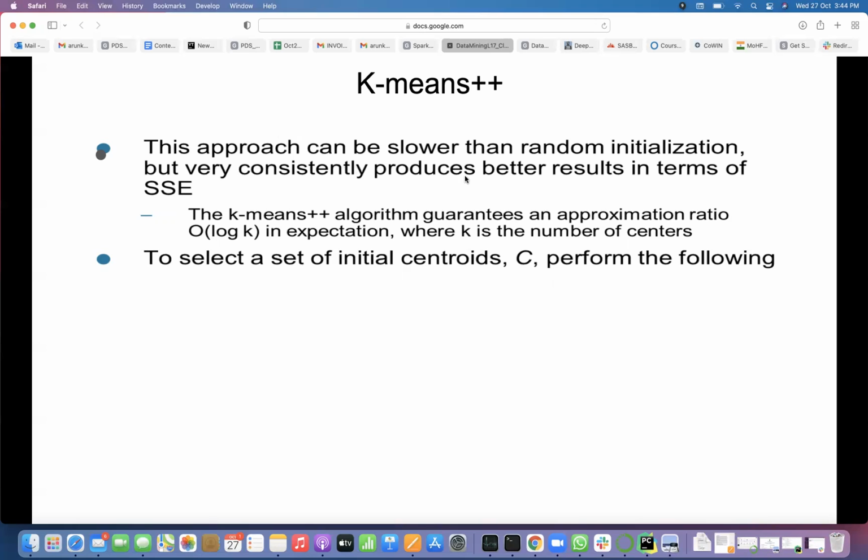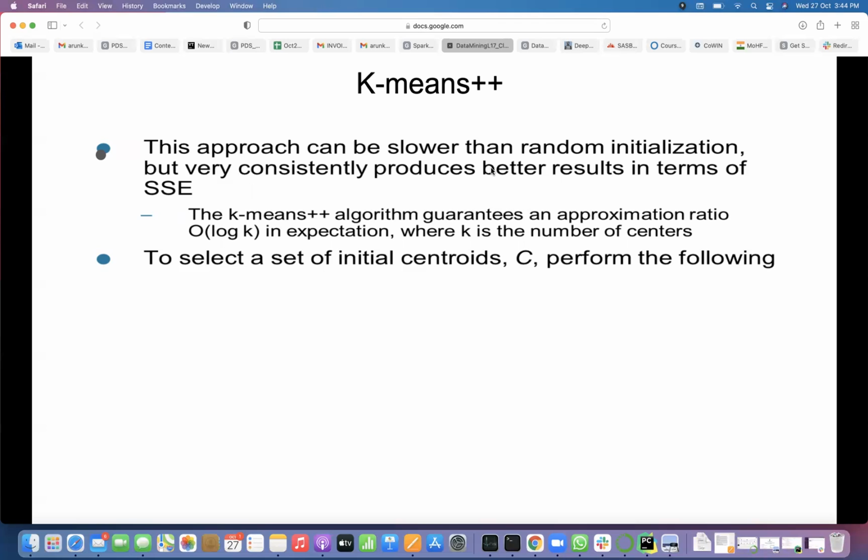So this approach can be slower because you need to do that each time. You are not randomly selecting in one step. To find out which point is very far, for each centroid you need to find out the distances. If n points are there and 2 cluster centroids are already fixed, then all n point distances with the first cluster centroid, then n point distances with the second cluster centroid, so you'll get 2n computations.